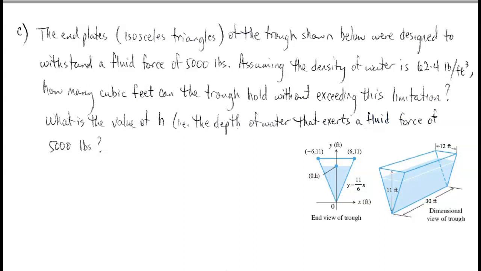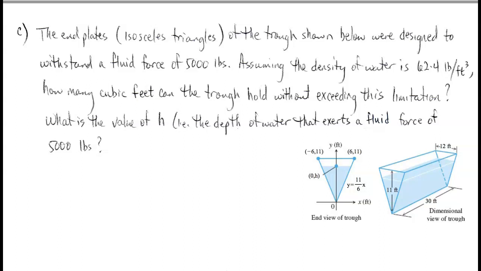So for this problem, we have end plates that look like isosceles triangles on some water trough that's shown here. They're designed to withstand a fluid force of 5,000 pounds. Now, assuming that the density of water is 62.4 pounds per cubic foot, how many cubic feet can the trough hold without exceeding this limitation?